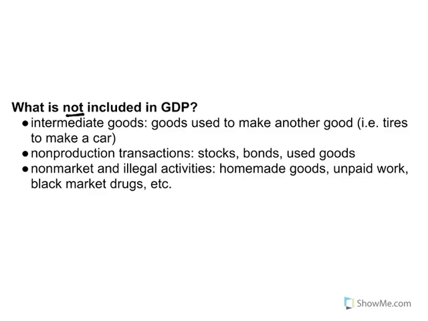Second are what we call non-production transactions, so things like stocks, bonds, and used goods. So why? Well, for the case of stocks and bonds, it's because there's nothing of value being produced. Remember, GDP represents output.